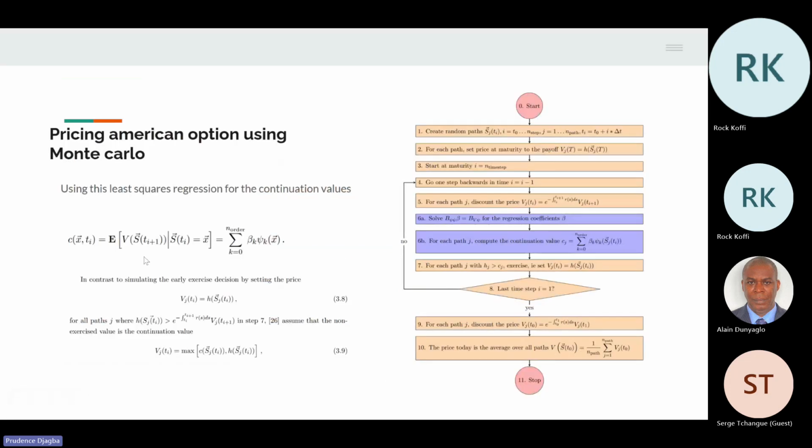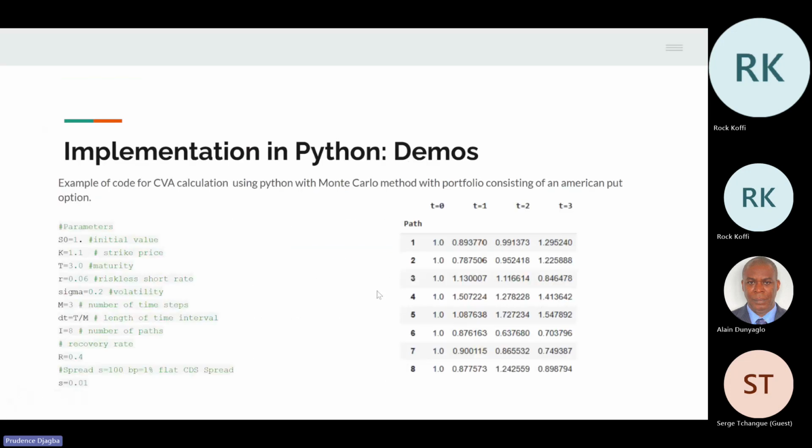And for our setting, we just get those paths at different times.